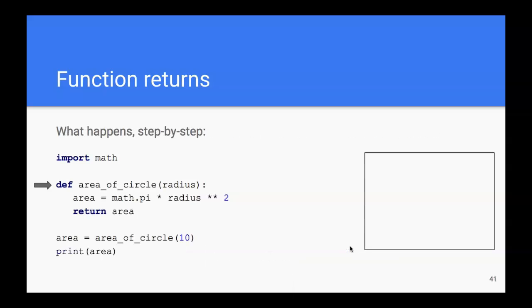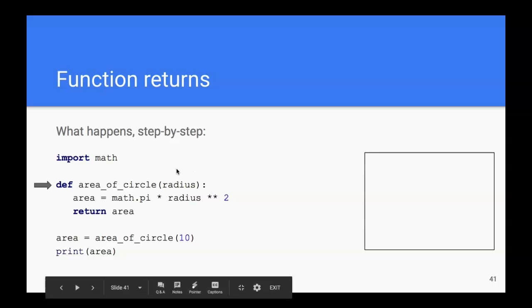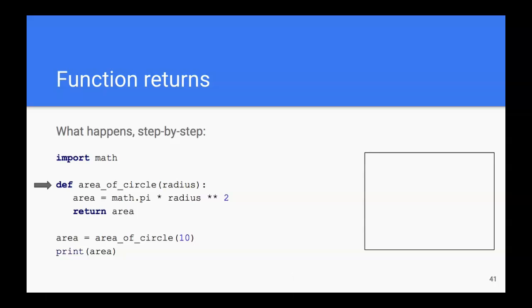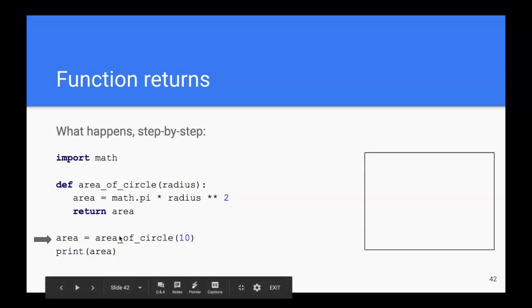Now, how does this work step by step? Okay, so let's go through this piece of code. Again, we have a definition of a function, area of a circle. Now we come here, and in this case, this piece of code says area equals area of a circle of 10, right?